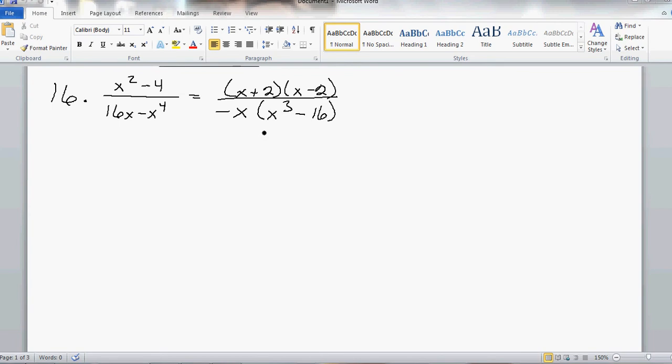But realize none of this is going to help out. Nothing's going to simplify. So what we look at is the degree of the numerator, that's 2. The degree of the denominator is 4. The degree of the numerator is less than the degree of the denominator.